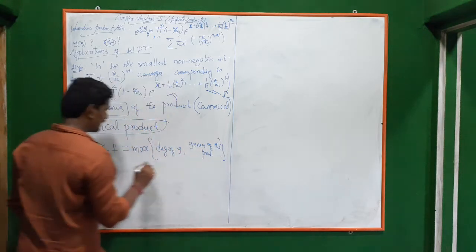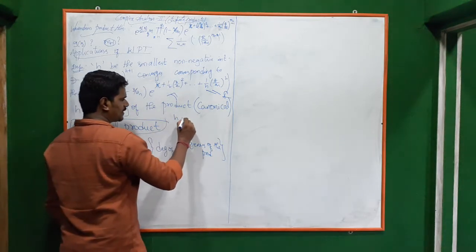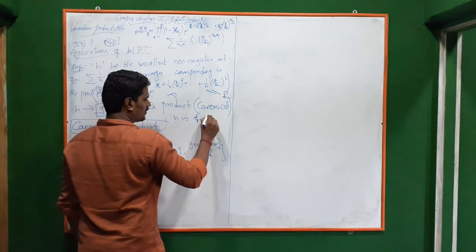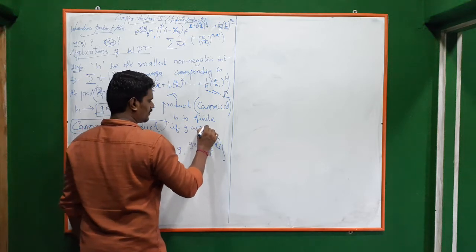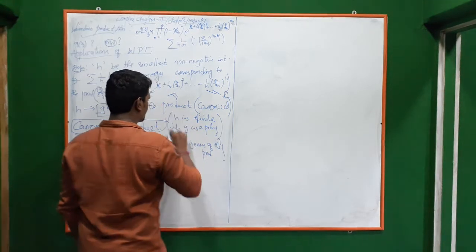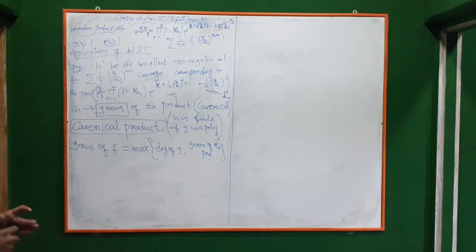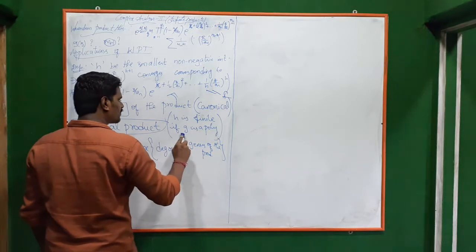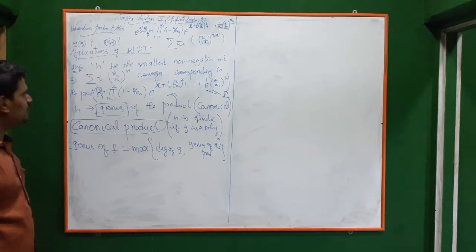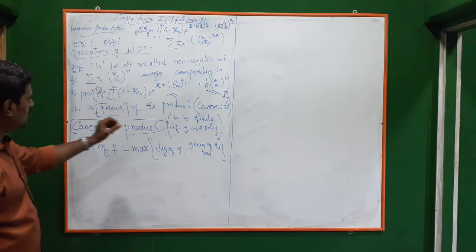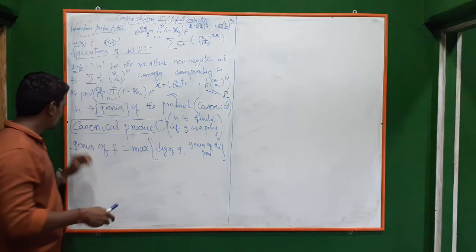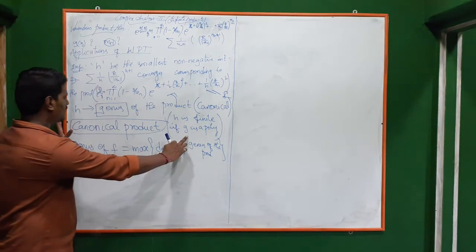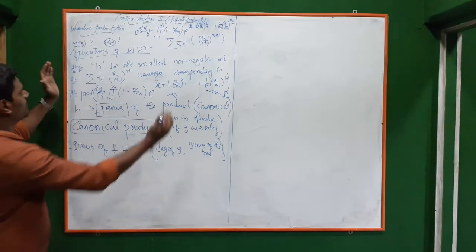This h is finite if g is a polynomial, which is an important point. It can be finite or infinite, but mostly it will be finite. Whenever it is finite, g will be a polynomial, either the zero polynomial or some polynomial of some degree. Then we can find the genus of the whole function.